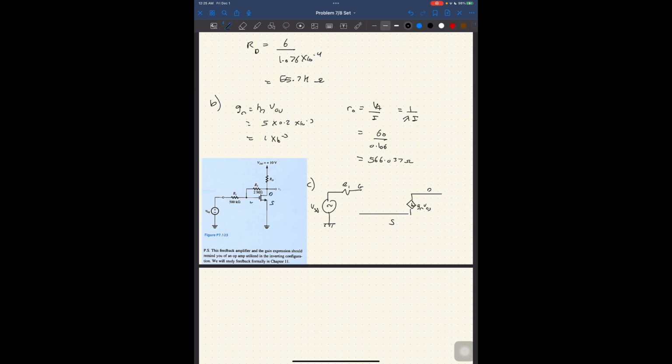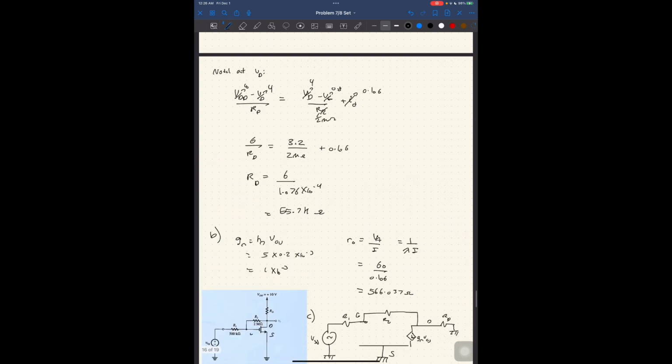So I see that my source is just grounded, and I see that my drain is connected to an RD that is connected to ground, and I see that I have a resistor between my drain and gate. So let's do this G, and this resistor is R2.